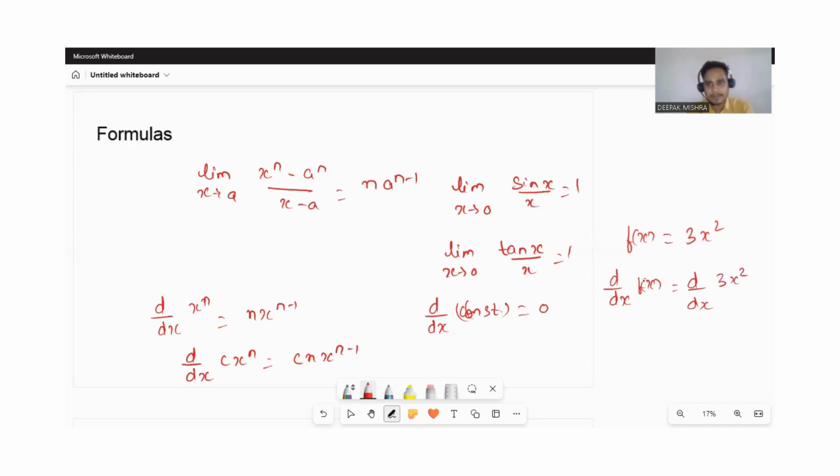Here constant will remain constant, 3 is 3. Now x square, relating with the formula dy/dx of x to the power n is n x to the power n minus 1, the power comes first, so 2 comes first, and x to the power 2 minus 1. So the answer will become 3 multiplied by 2, that is 6, and x to the power 2 minus 1 is 1, so we got 6x. I think it is clear.